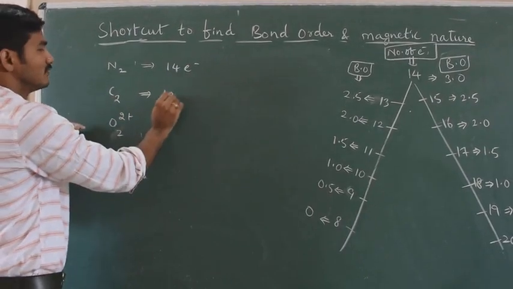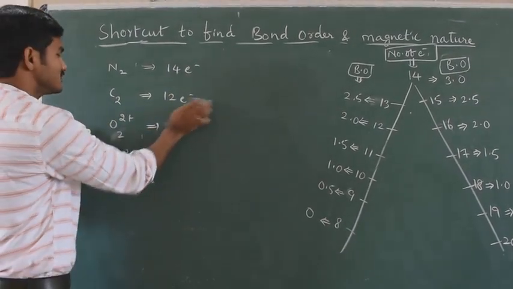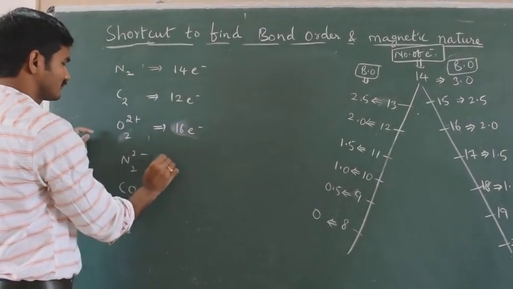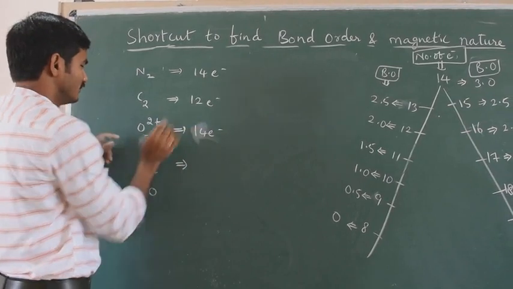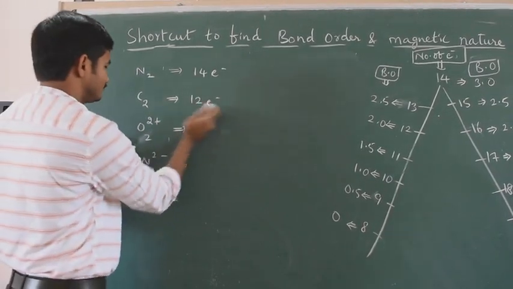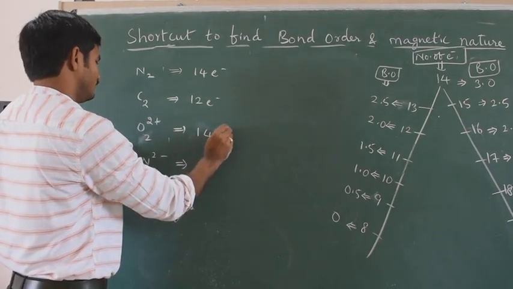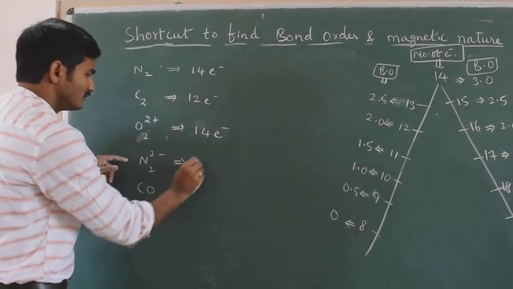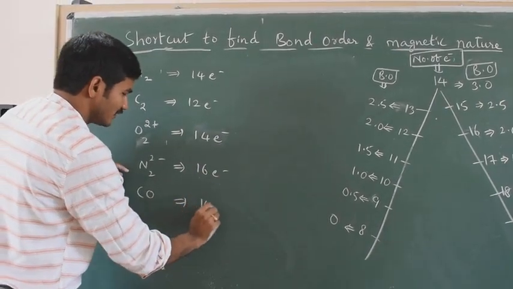Carbon, 12 electrons. O2 2 plus, 14 electrons. N2 2 minus, 16 electrons. CO, 6 plus 8, 14 electrons.